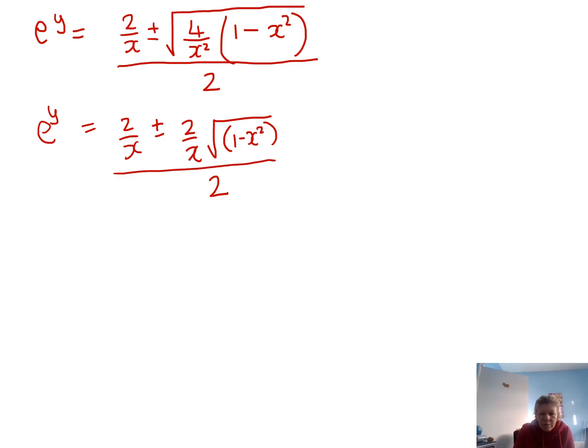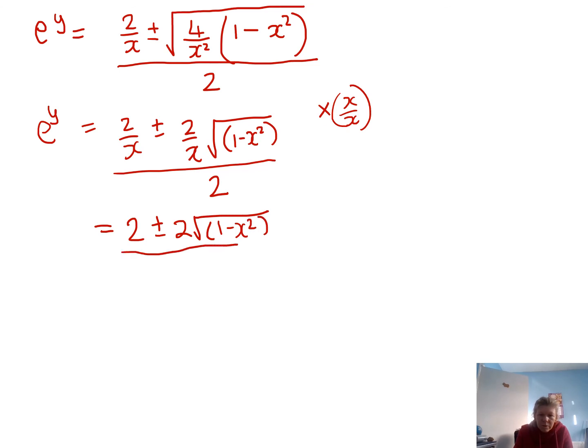Times each term by x over x, times the top by x, the bottom by x, you're only timesing by 1, aren't you? So that would give me 2 plus or minus 2 root 1 minus x squared, all over 2x. Then hopefully you can see the 2s will cancel.